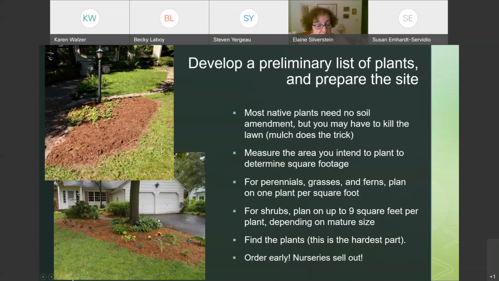These are hostas, which are not something that I would recommend, but this is what was there. So we basically mulched the whole area where the grass wouldn't grow, and then she just started to plant into it. You could do this whole area as a beautiful shade garden. So these are just examples of how you start, how you prepare the ground.